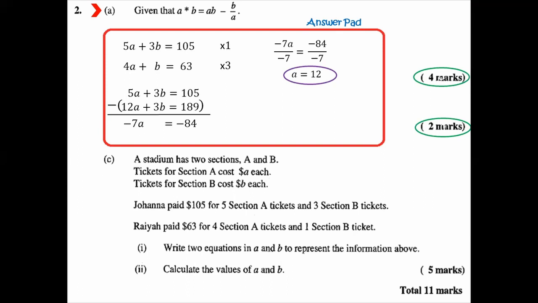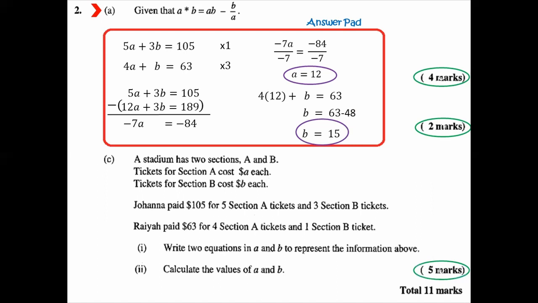And what we're going to do now to find a value for b is to substitute a into the second equation there. It's very much similar to the question that we got. All right, so 4 times 12 is 48, and we subtract 48 from 63, and b is equal to 15 for 5 marks.